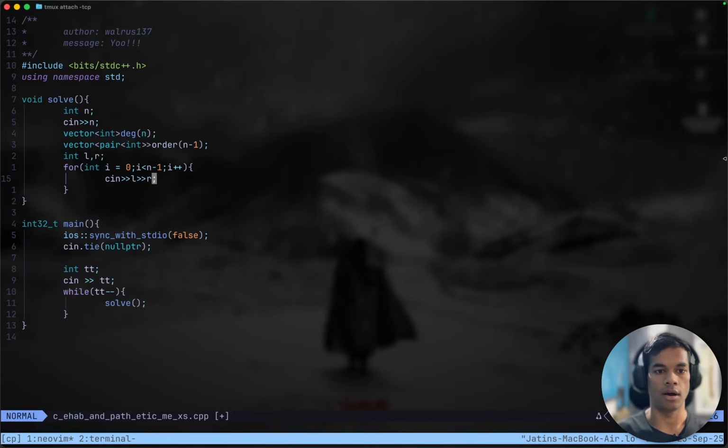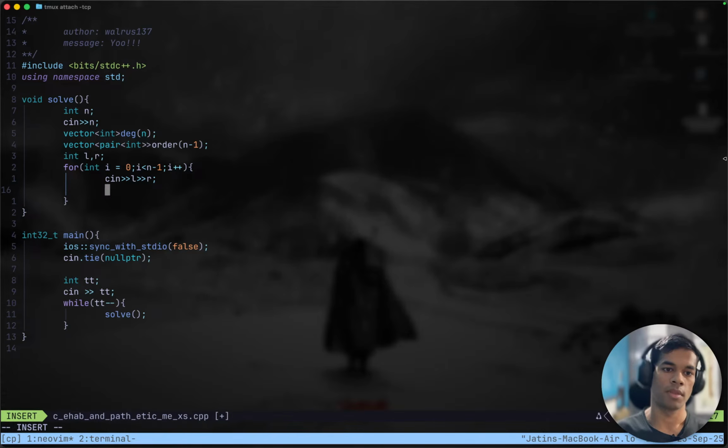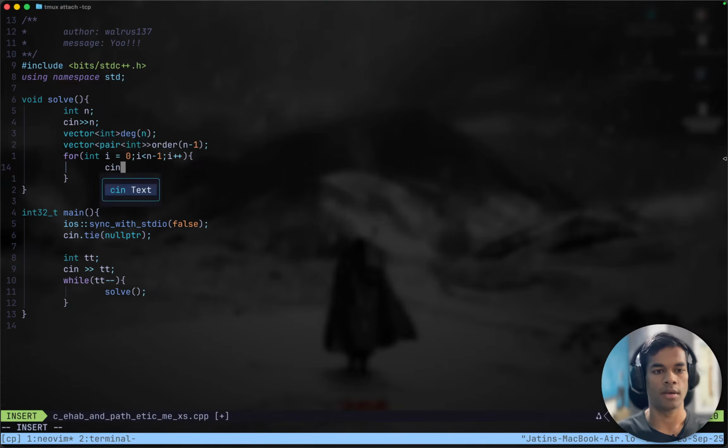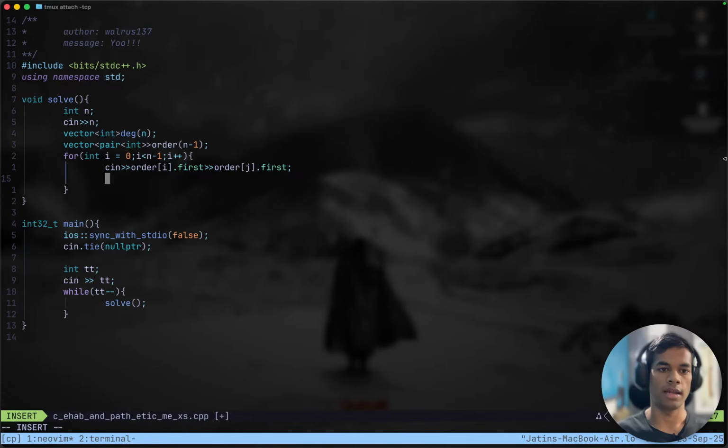Take both of them in with cin, l and r, and in order, I don't need left and right. cin in order i dot first, order i dot second, and increase the degree of these nodes.